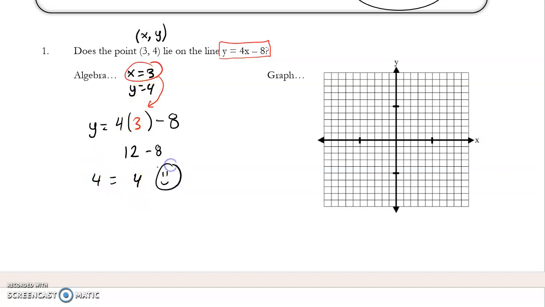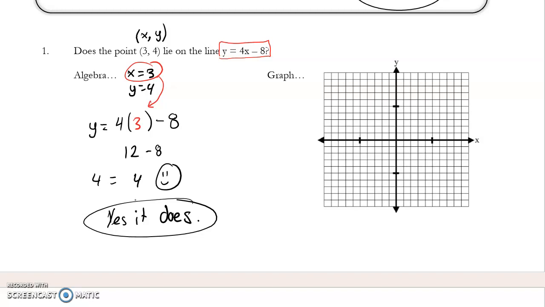That makes me happy. So does this point lie on the line? Yes, it does. Because any coordinate that satisfies the equation means that point is on the line. That's what a line does. It represents all coordinates that do work in that function rule.